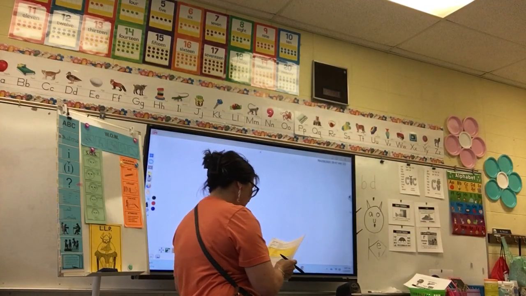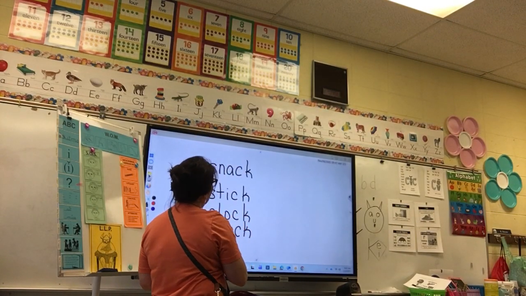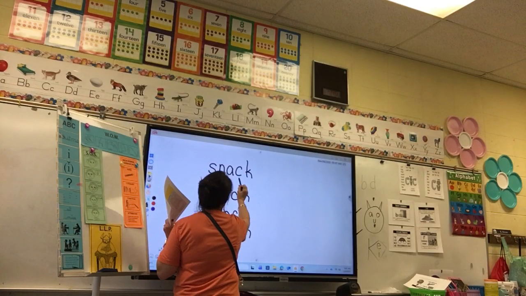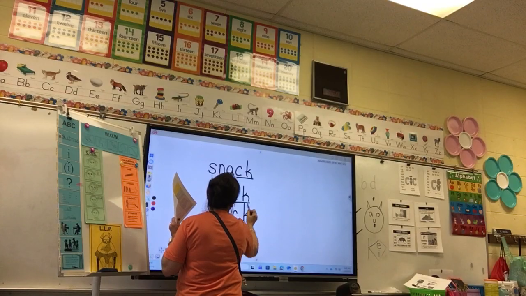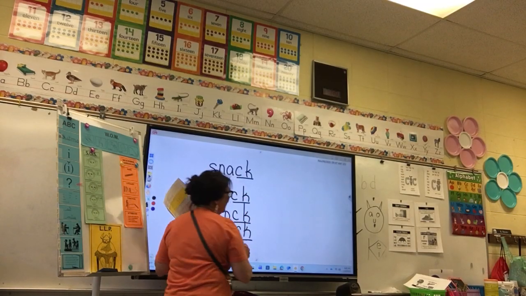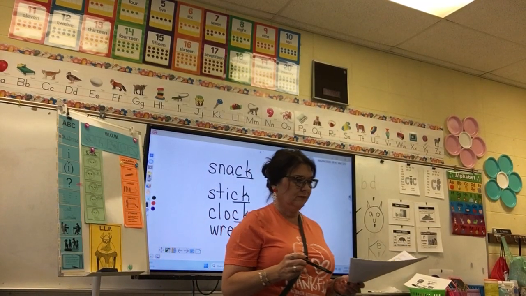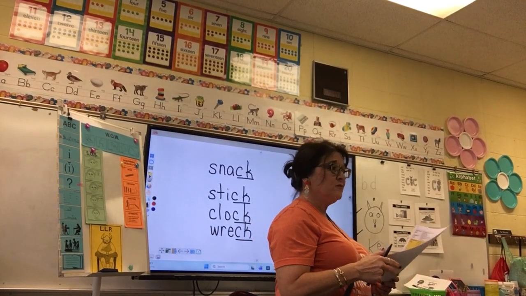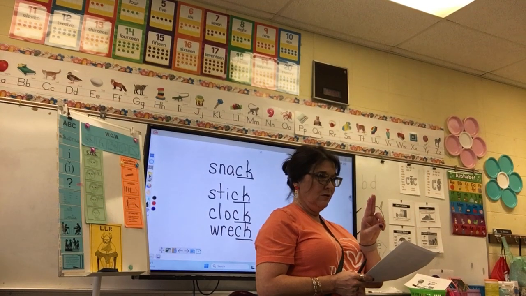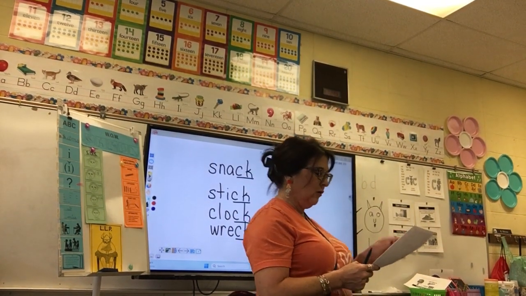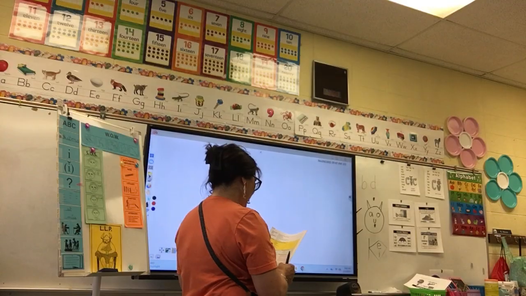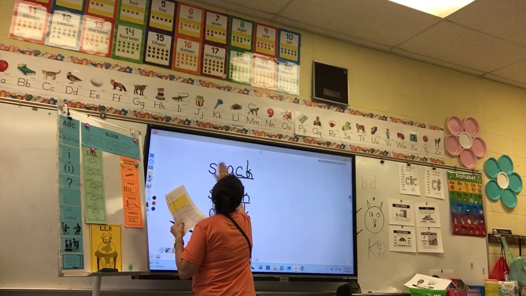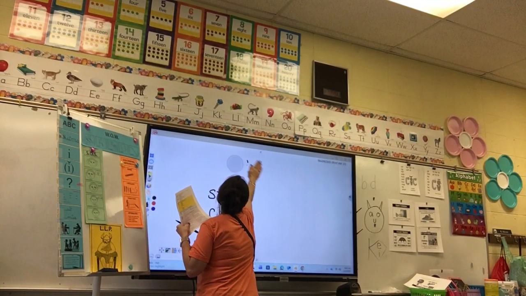You see the CK. Where do you see that CK? At the end of the word. When we code a word with a CK, we are going to underline it. Why do we underline it? Remember, it's two letters together and they only make one sound, so they're called a digraph. We underline it to show that we keep them together.